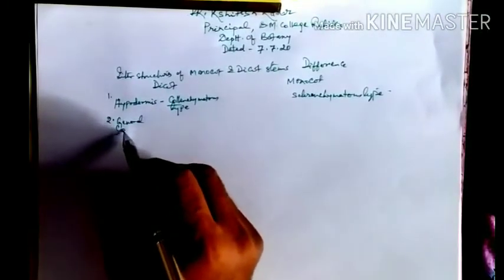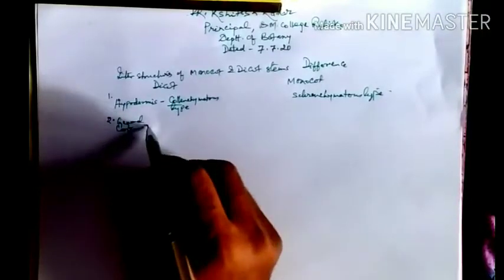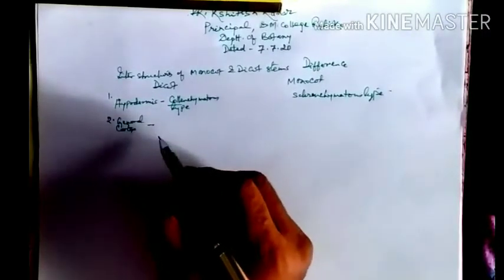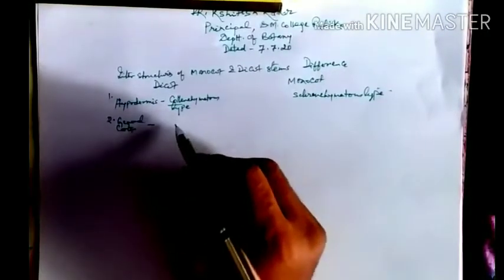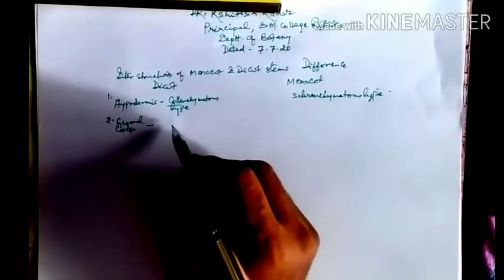The second difference is about the general cortex. Here in the dicot, the general cortex is of few layers of parenchymatous cells.